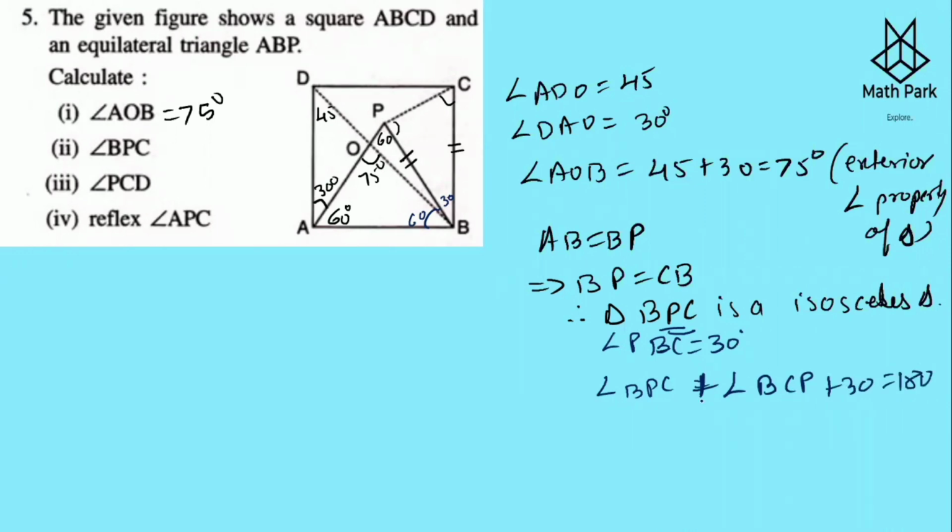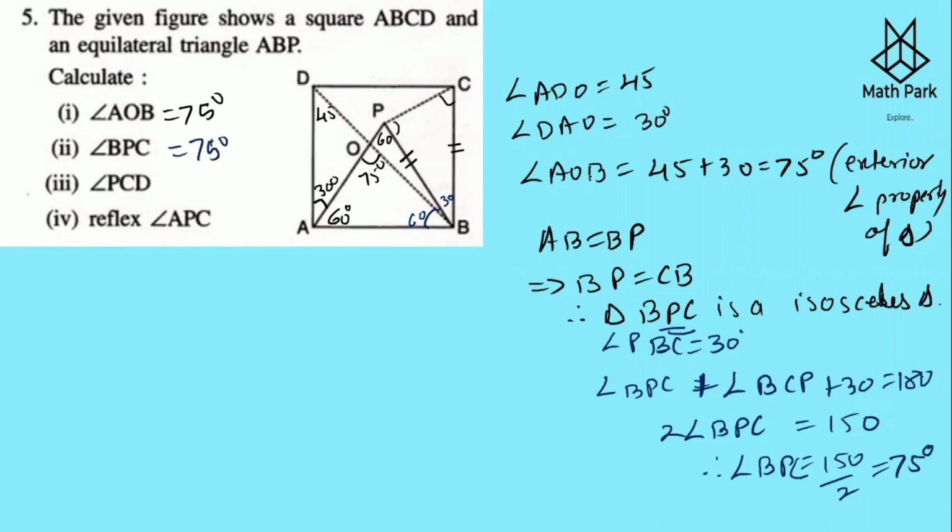And since BPC and BCP are equal because it's an isosceles triangle, we get twice angle BPC is equal to 180 minus 30, that is 150 degrees. So therefore, we get angle BPC is equal to 150 divided by 2, which is 75 degrees. So this is how we got angle BPC also at 75 degrees.